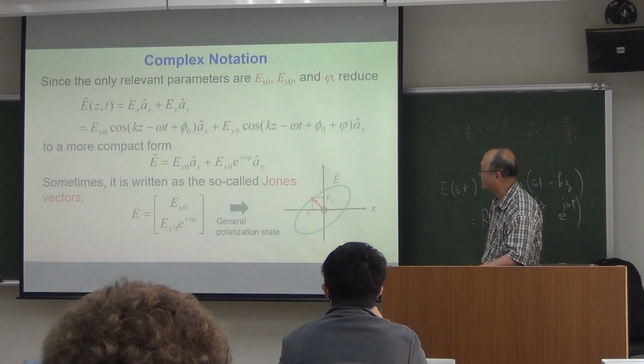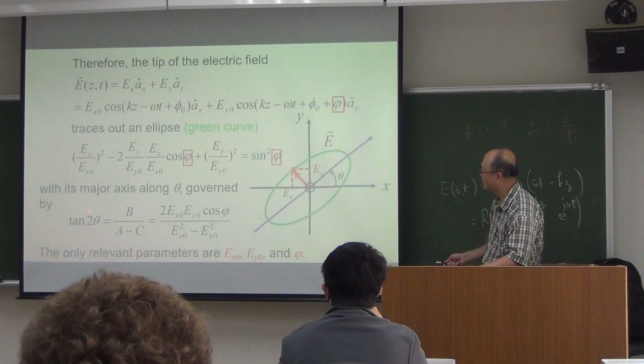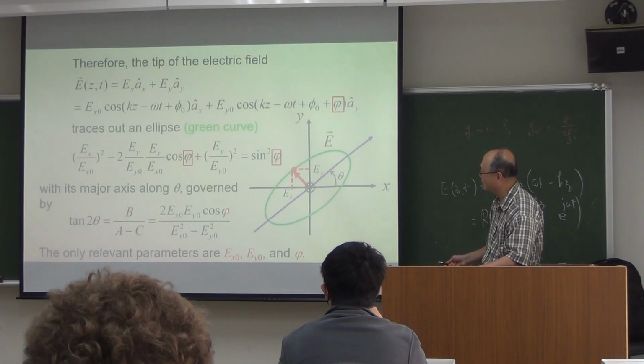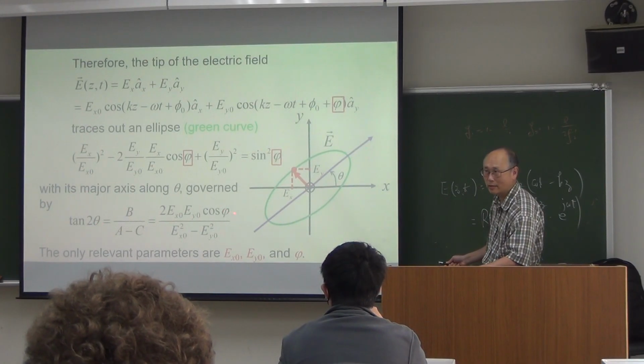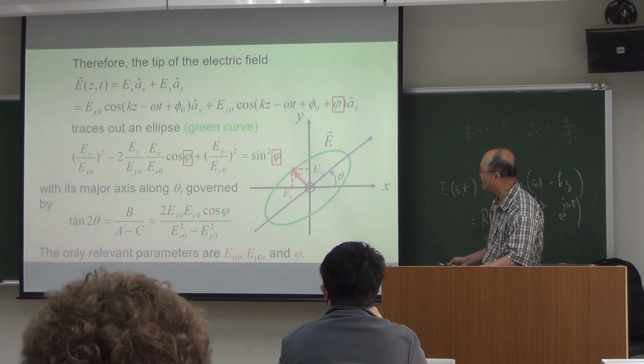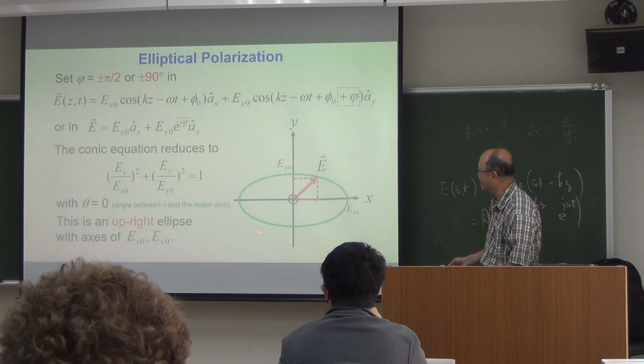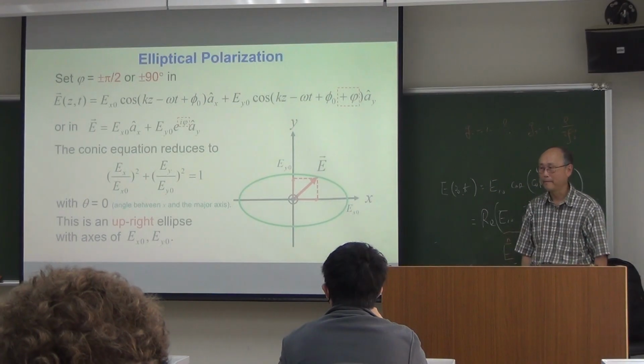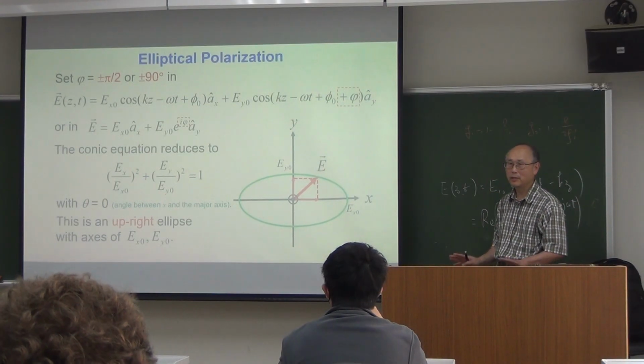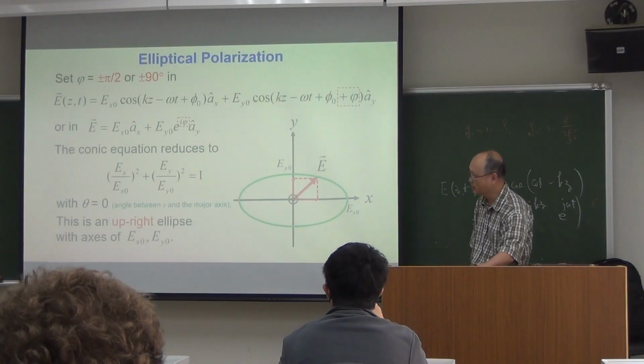Because when you go back two pages before, you have this expression. When this phi equals plus or minus 90 degrees, you get theta angle equal to 0. So you have an upright ellipse like this. So you start to manipulate the polarization of the light.